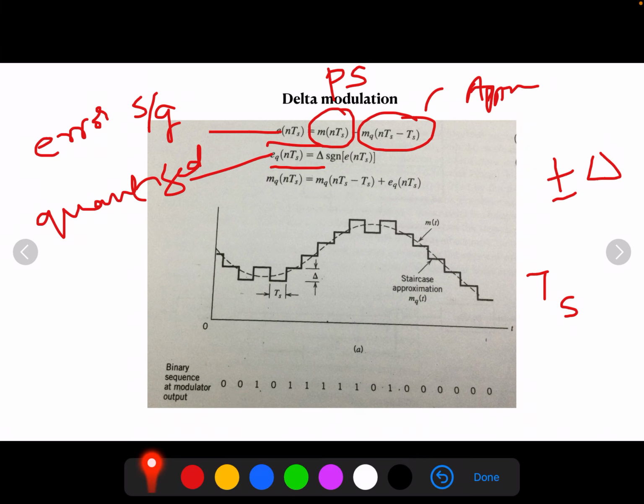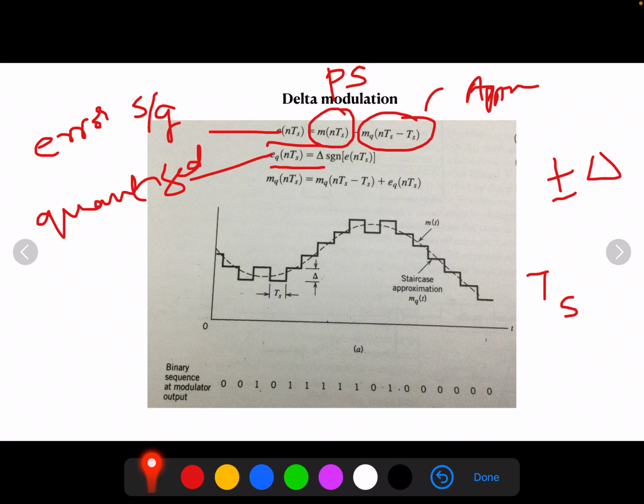It is apparent that in a delta modulation system, the rate of information transmission is simply equal to the sampling rate fs, where fs is equal to 1 over Ts. The principal virtue of delta modulation is its simplicity.